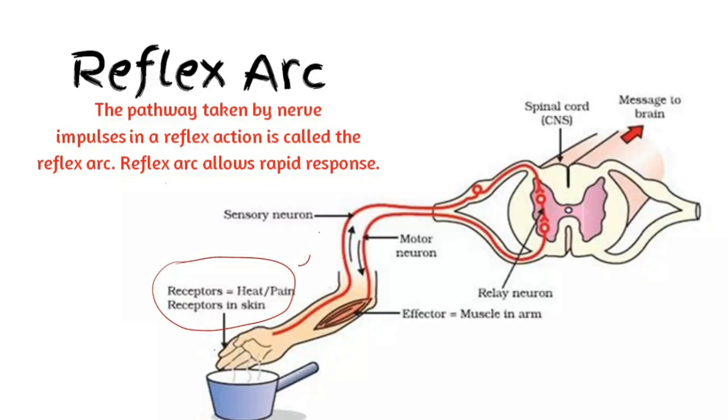They send a signal which goes to the brain, and from the brain it goes to the effectors. So a certain pathway is maintained, and this pathway is called the reflex arc, which produces a rapid response.